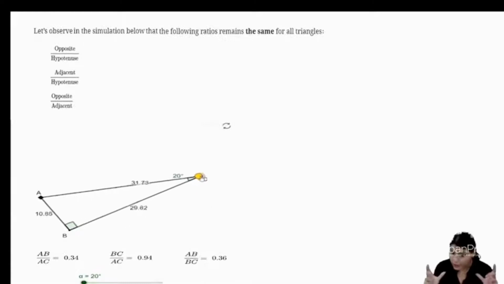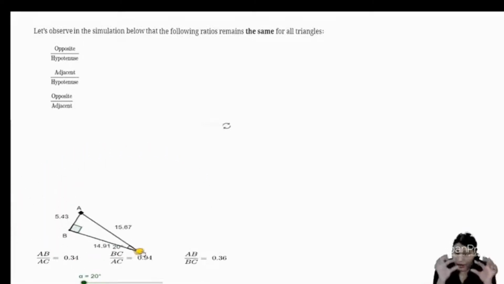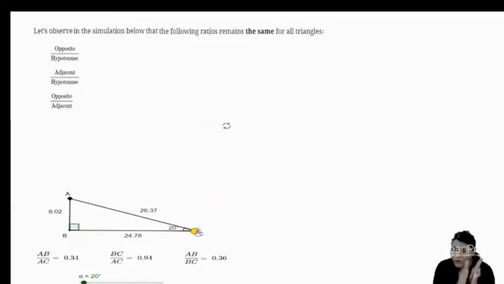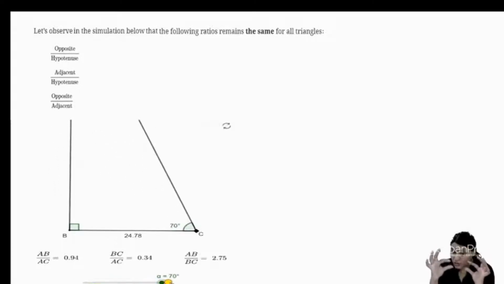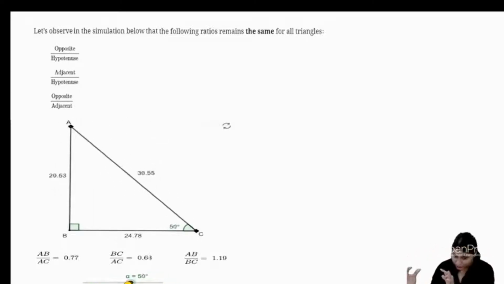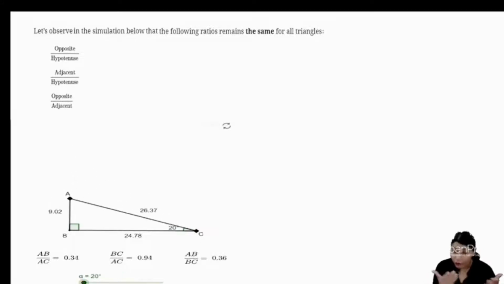In the simulation we can see that when the acute angle is fixed, that is 20 degree, AB upon AC, BC upon AC, all the ratios are fixed. And when the angle is changing, the ratios are also changing. We can conclude a very important thing from this simulation, but before that, let's observe another simulation.